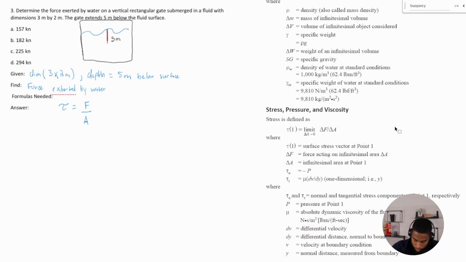And so we want to know, this is the rectangular gate.